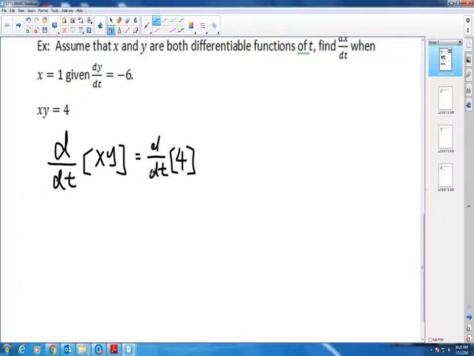So for xy, here we're going to use the product rule. The derivative of the first times the second.